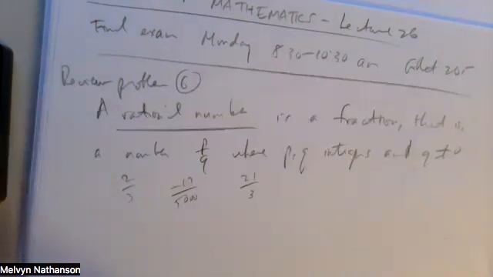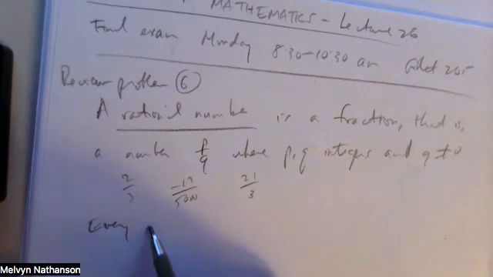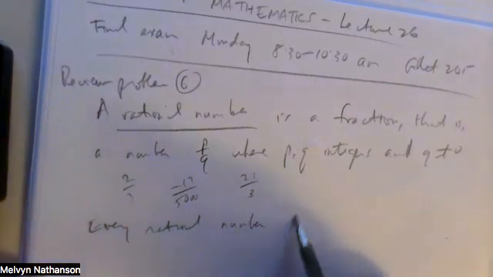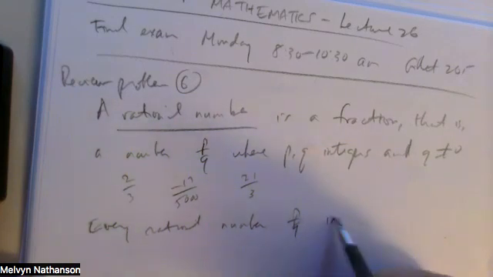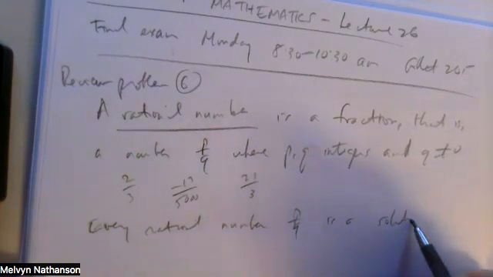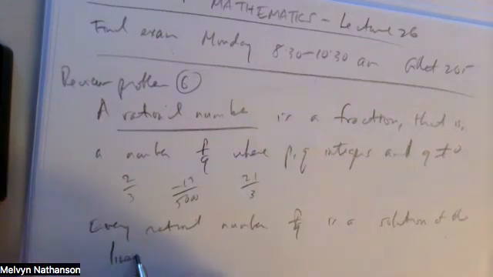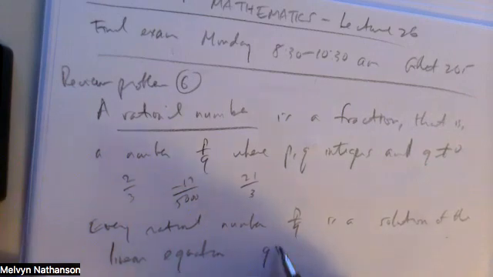And you can observe that every rational number, P over Q, is a solution of the linear equation Qx minus P equals 0.